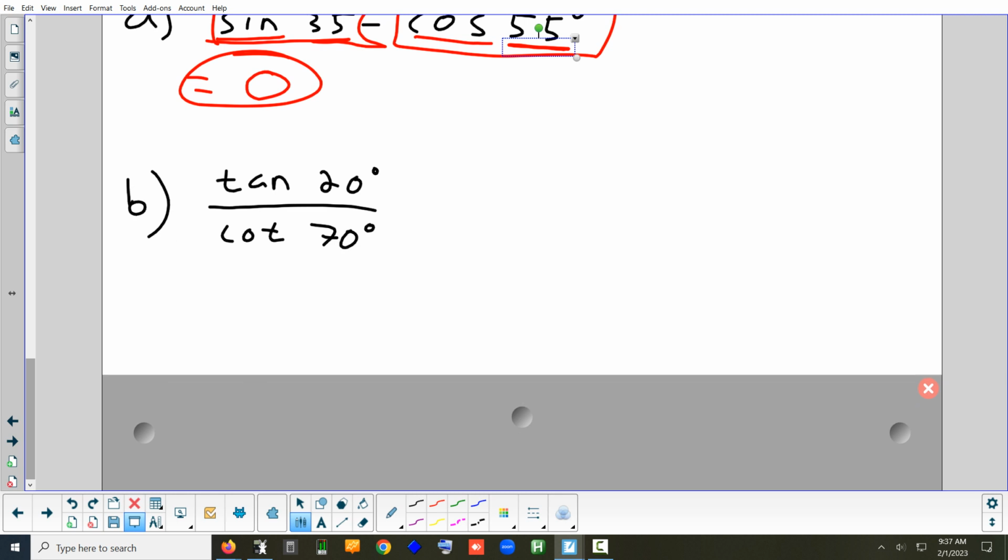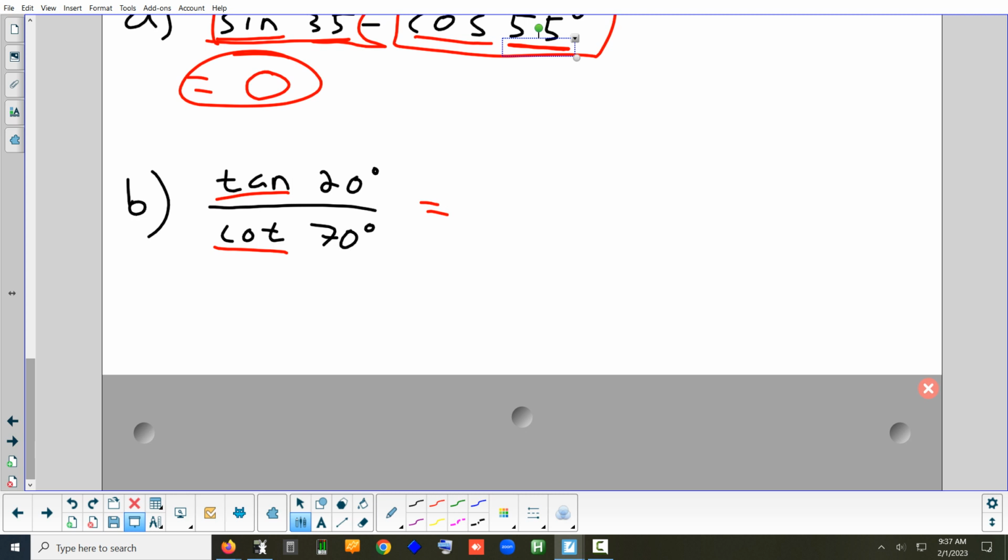Okay, let's look at this one. Again, 20 and 70, not nice numbers. But you don't need to figure these out to get the answer. Tangent, cotangent. What are those?